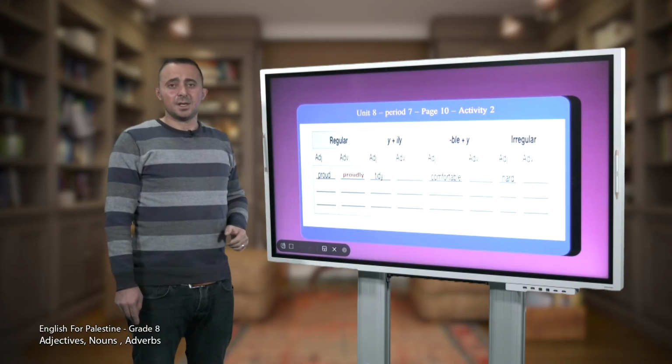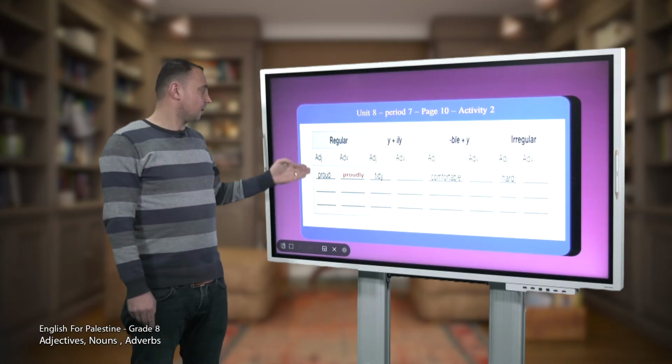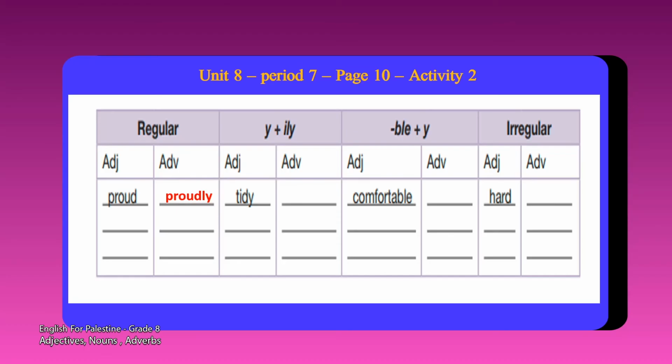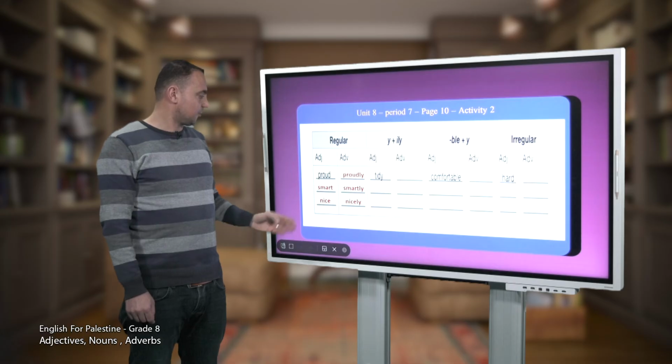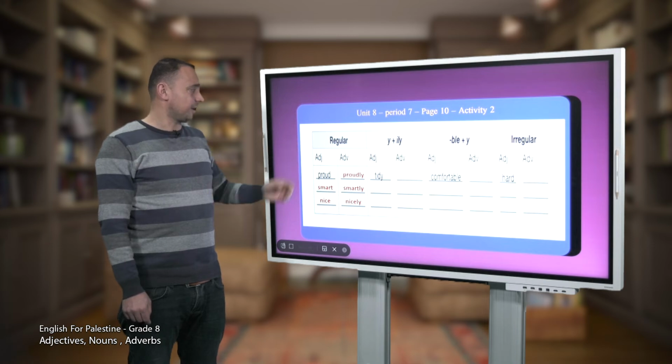As I have said, when we form the regular form of adverbs, we add ly at the end of adjectives, right? Proud, proudly. Notice we added ly. What about number 2? Smart, smartly. And nice, nicely. Notice we added ly at the end of adjectives to get adverbs.